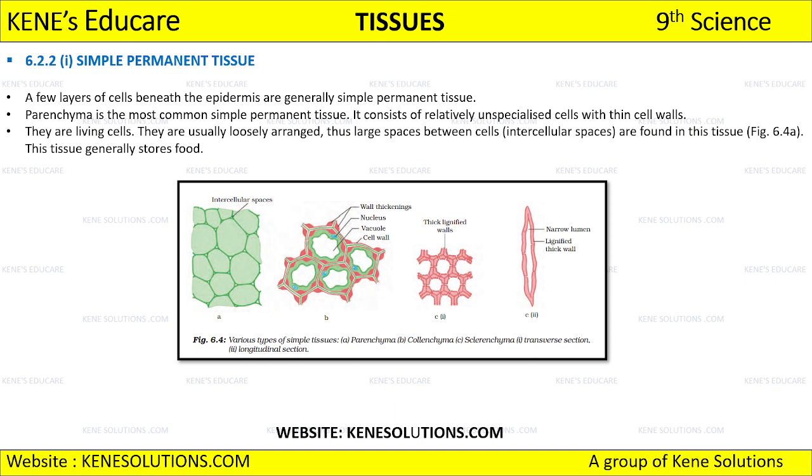And you should also know the structure, because of that you will come to know whether any intercellular spaces are present, whether they have vacuole and nucleus present in them or not. Okay.